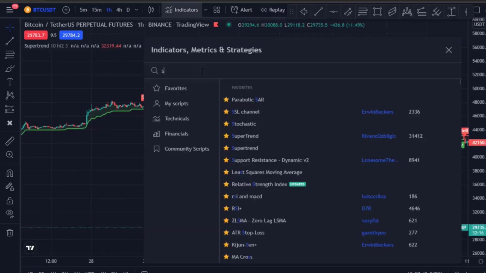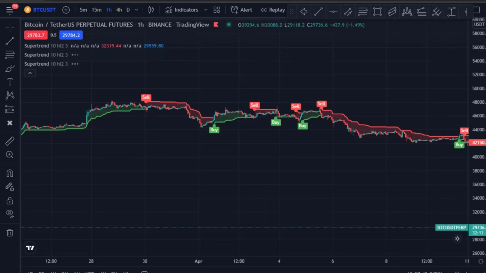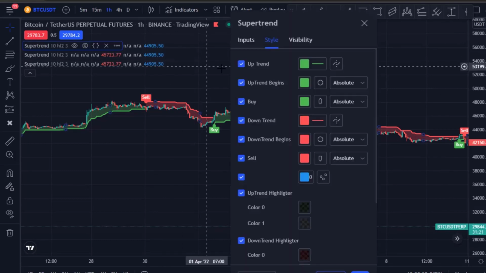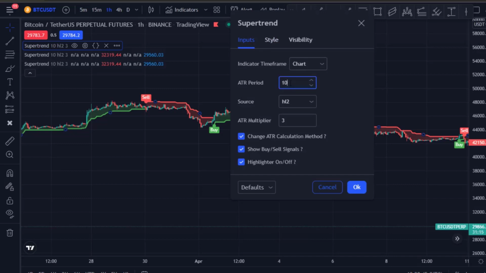First, you need to put three Supertrend indicators on the chart. We go to the first indicator's settings, disable these options, and in inputs change the values of these numbers. You need to set them to 3 and 12.